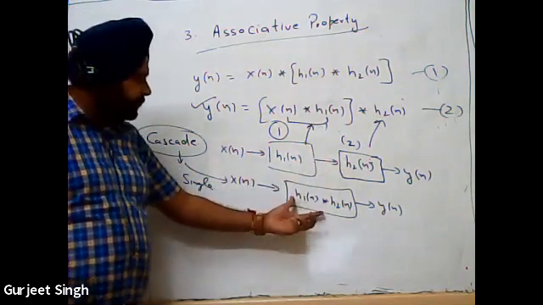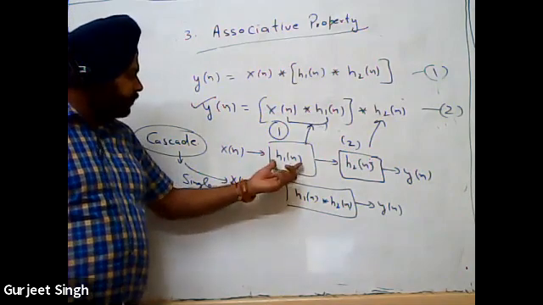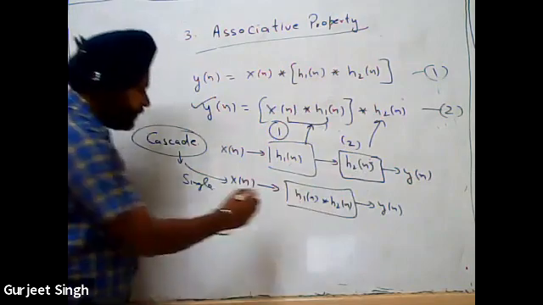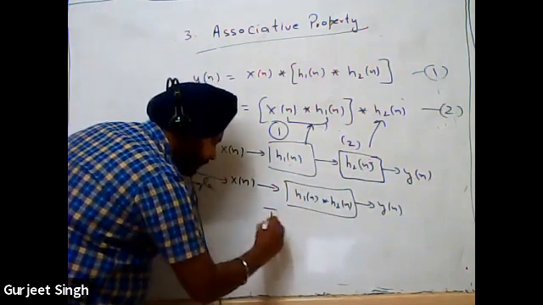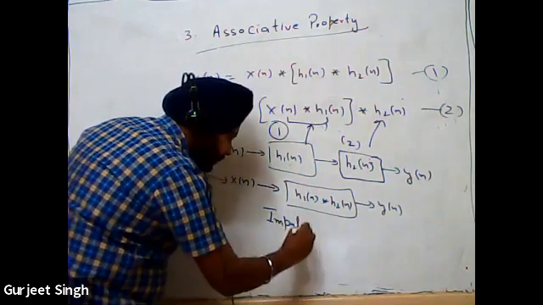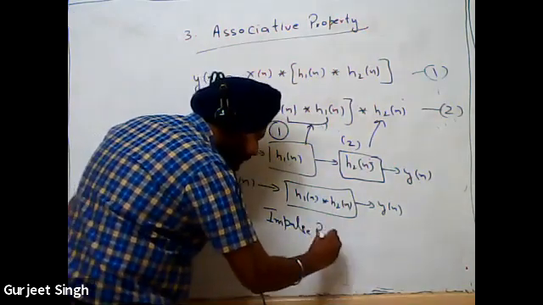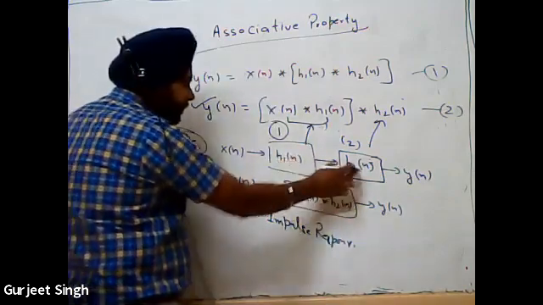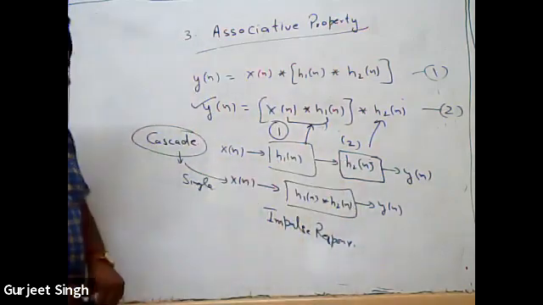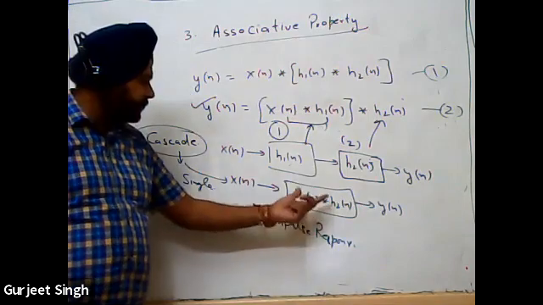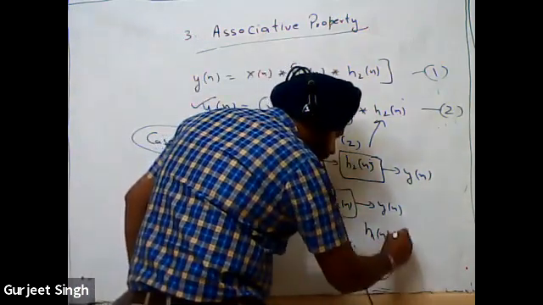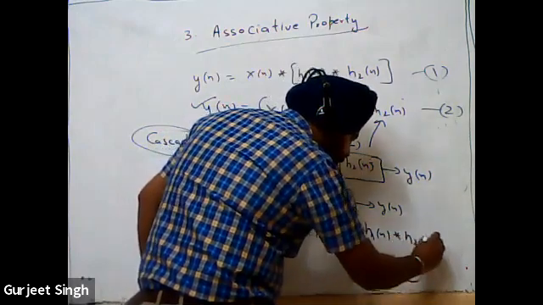So what is this single system? It has an impulse response that is the convolution of these two. The impulse response of this single system is h1[n] convolved with h2[n].